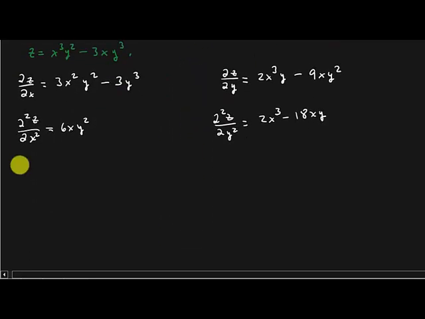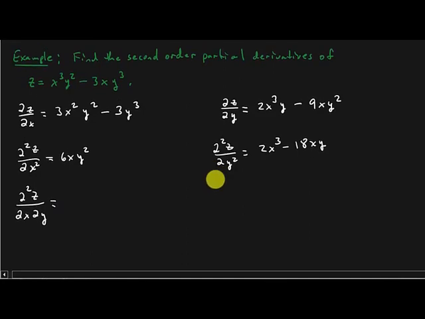I'm going to find the second partial of z with respect to x and then with respect to y. Now, just follow what it says. That's all you're doing. I'm going to do the partial with respect to x. So I did the partial with respect to x.